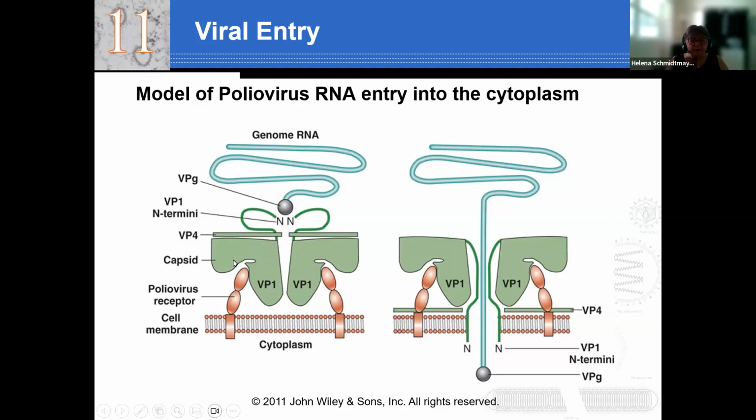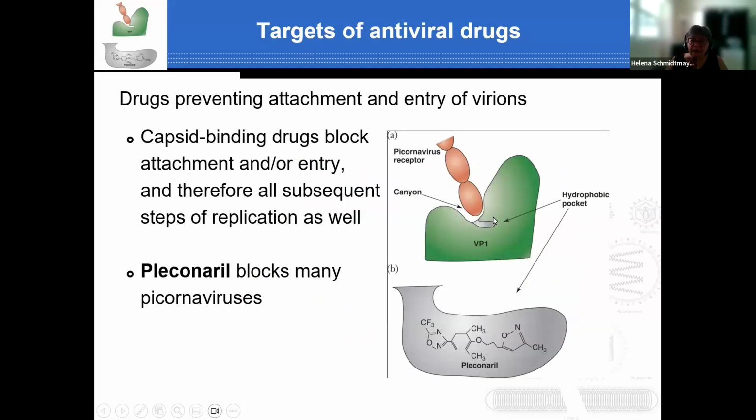Now look at that canyon and look at this little area here, this little hydrophobic pocket. Basically, when a receptor binds to this VP1, it changes conformation. And this change in conformation is possible because this pocket allows the change. It enables tight binding of the receptor at that canyon and triggers those conformational changes.